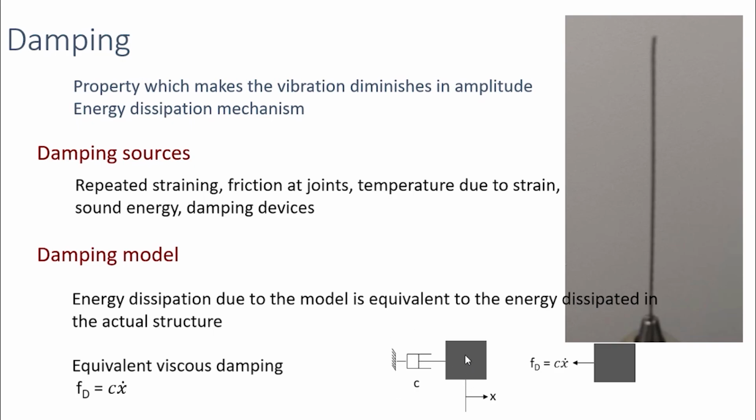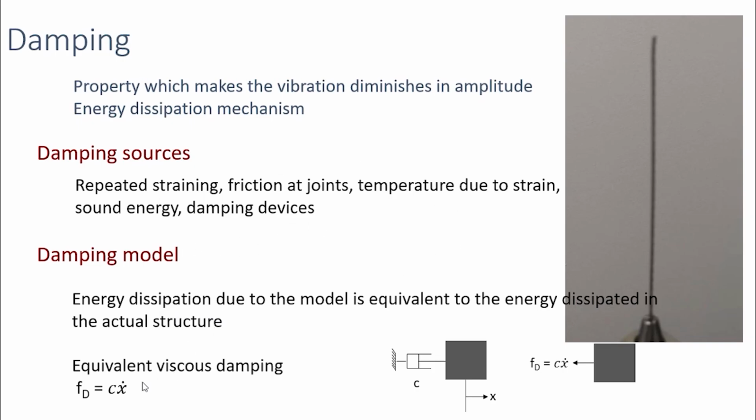And if you move this mass in x direction by an amount x, restoring force is applied by the damper on this mass, and the force is equal to C x dot. And the value of this damping coefficient is chosen so that the energy dissipated by this damping mechanism is equivalent to the sum of the energy dissipated by all these mechanisms.